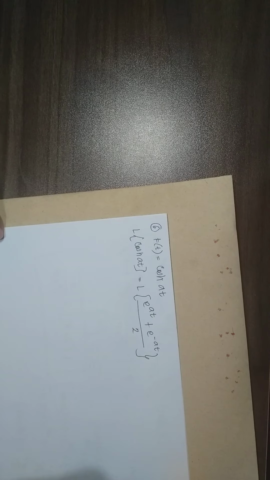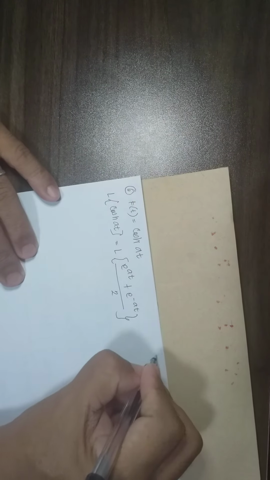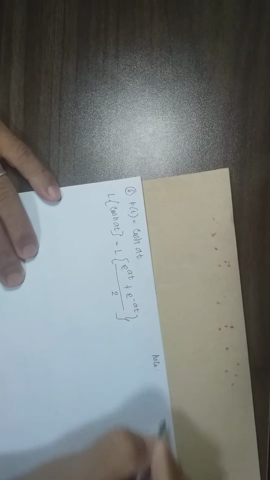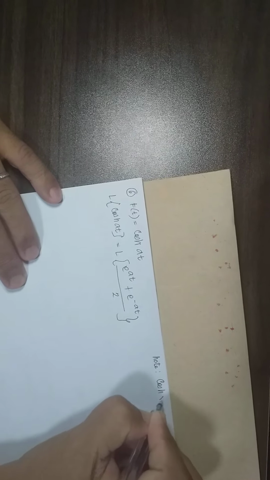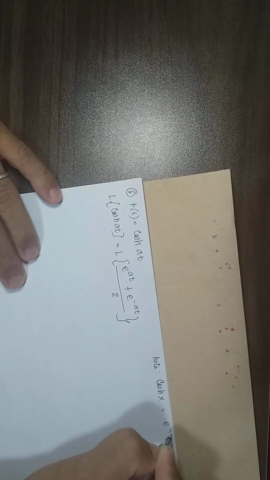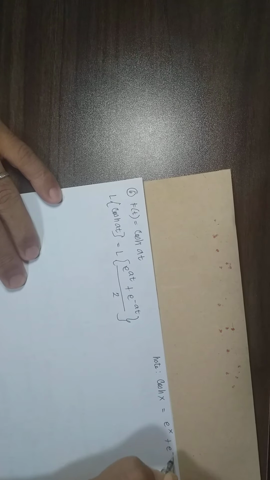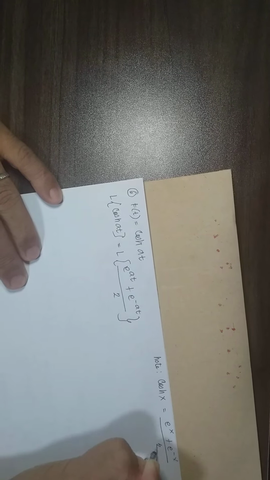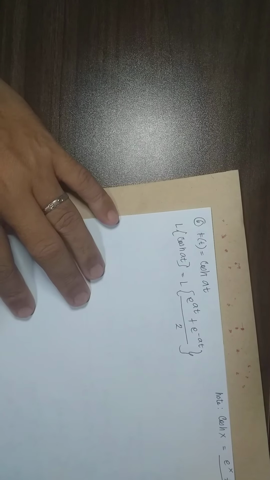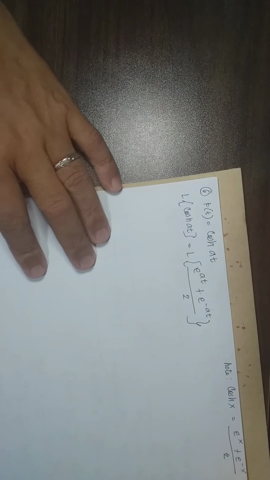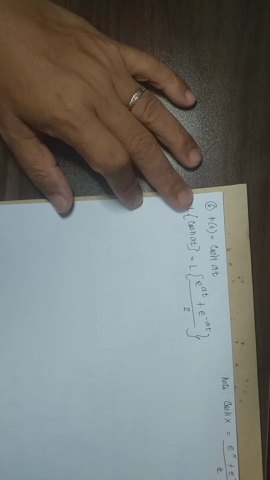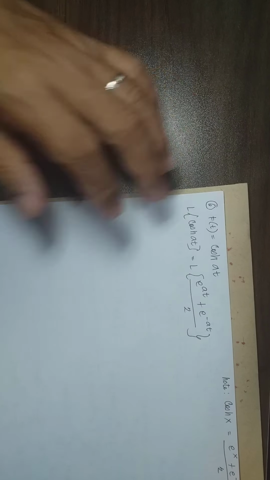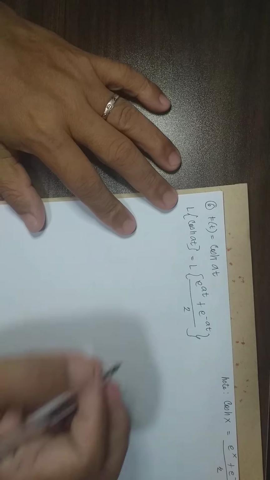Okay? Note that the formula for the hyperbolic cosine of x is equal to e to the x plus e to the negative x over 2. Okay? That is on your discussion for the hyperbolic function of the integral and differential of the hyperbolic function. Okay?